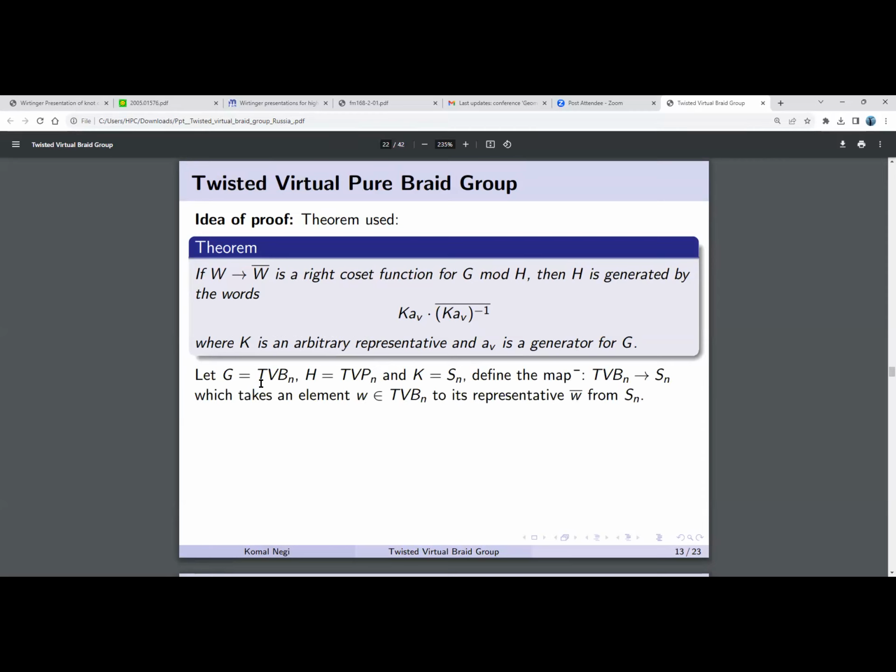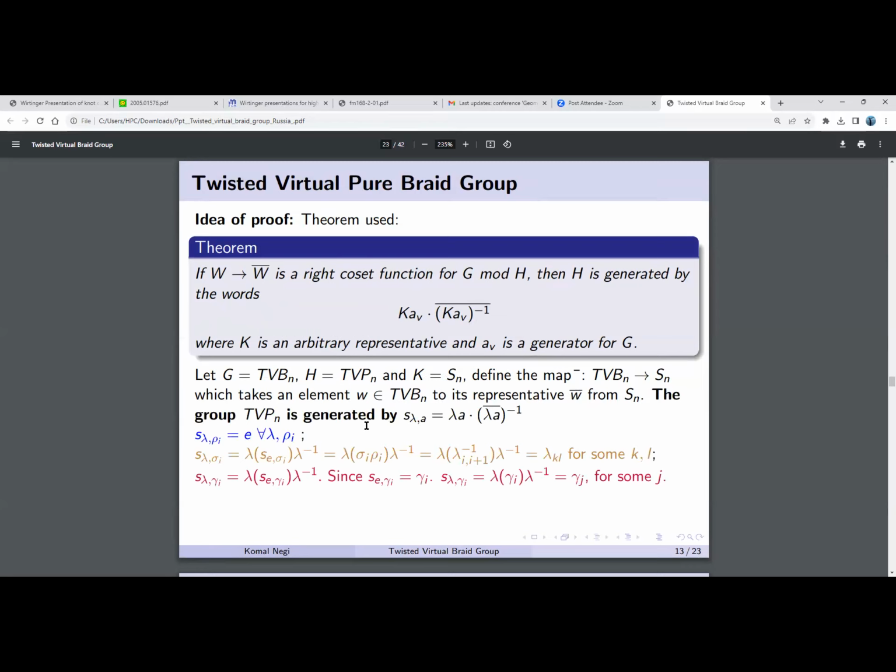So in our case, the group is TVBn and the subgroup H is TVPn, and the right coset representative is Sn. And we have considered the same map from TVBn to Sn. Every element w of TVBn will map to w bar, which will be an element of Sn.